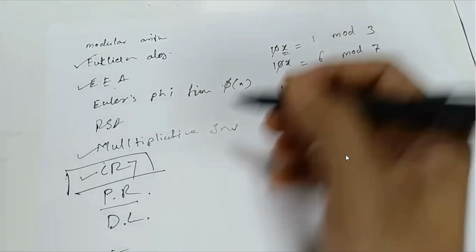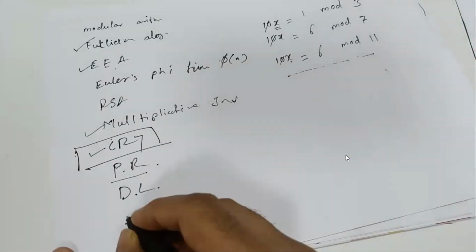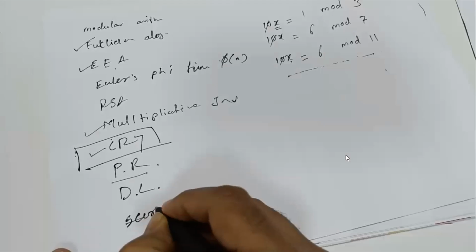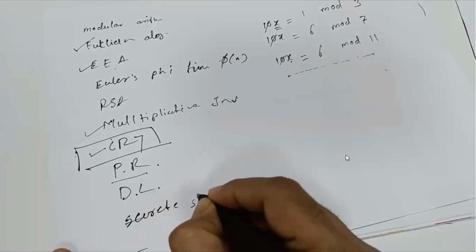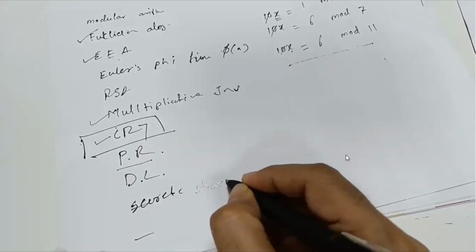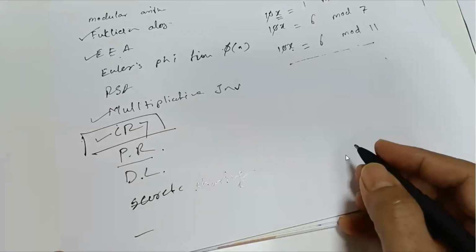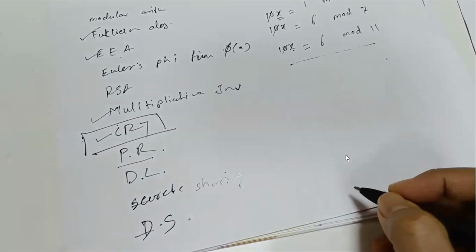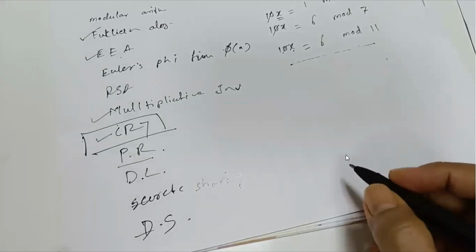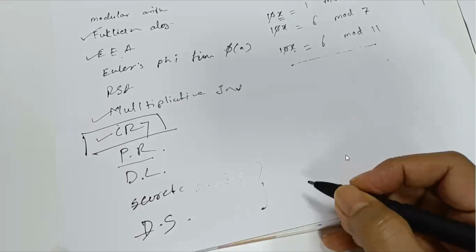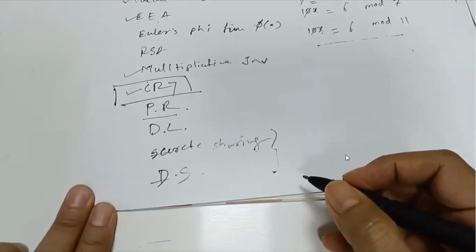Okay, so one more thing is remaining, that is secret sharing and digital signature. Maybe it will finish in one lecture or maybe two lectures.